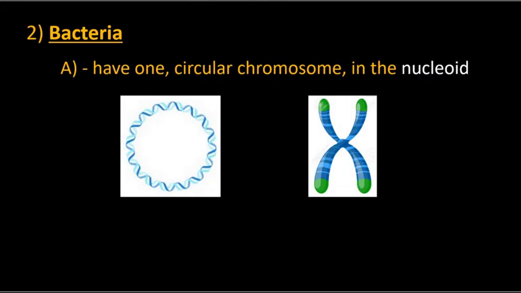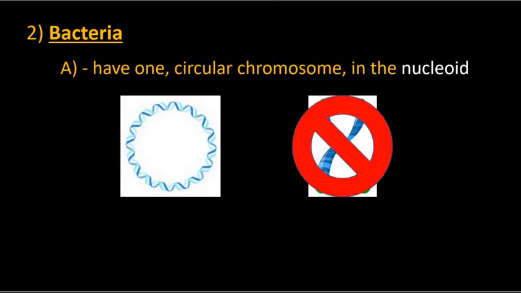You can see the two different colors. They are intertwined and they form this circle. Humans, we have these X-shaped chromosomes, and we have 46 of them instead of just one, but that is not what they have.